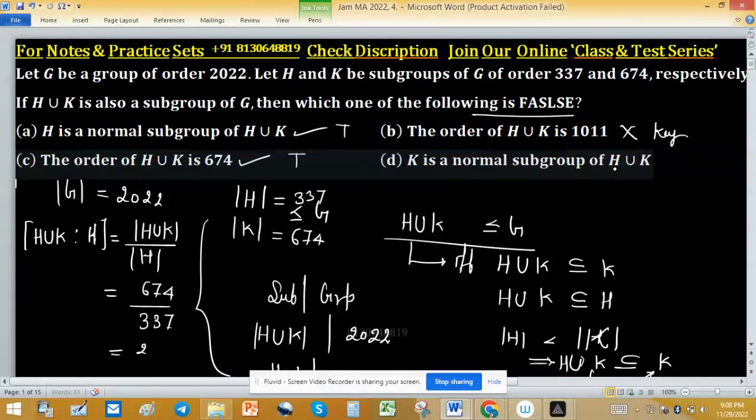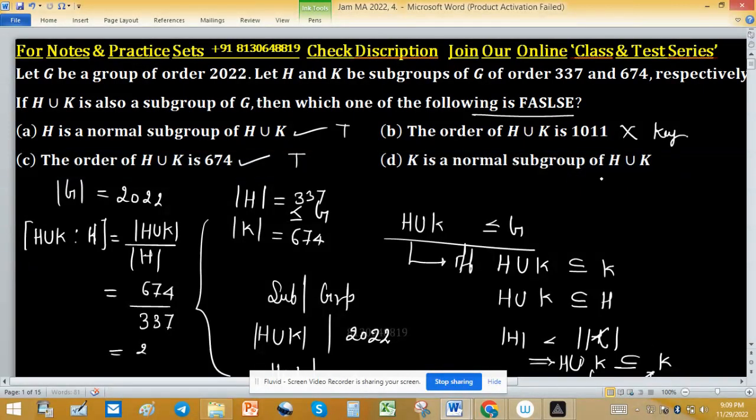K is a normal subgroup of H union K. You can find the index also. Index of K in the union is equal to the order of H union K divided by the order of K, and this index is 1.